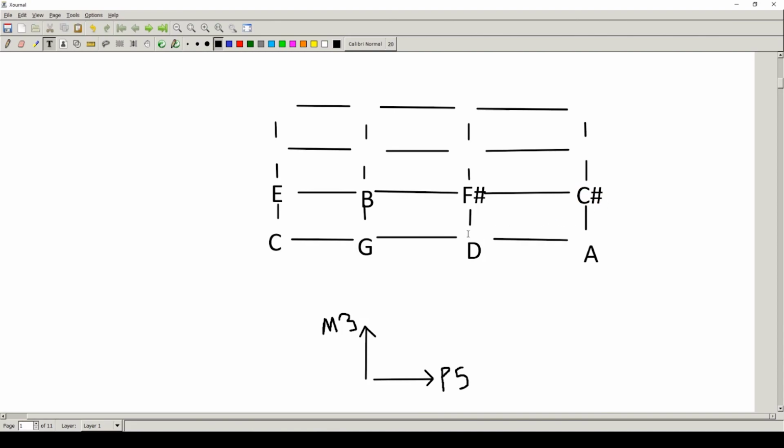And you can see how if you lay it out like this, which is generally what academic theorists like to do, you can see why triads become really easy to visualize with this layout. Because C, E, G, a major triad, is sort of this kind of triangle.